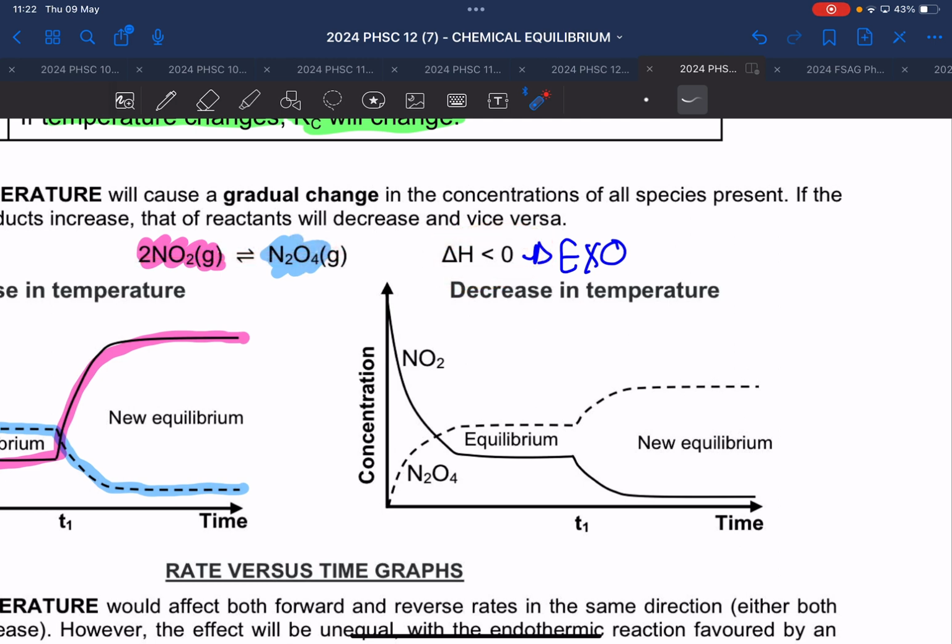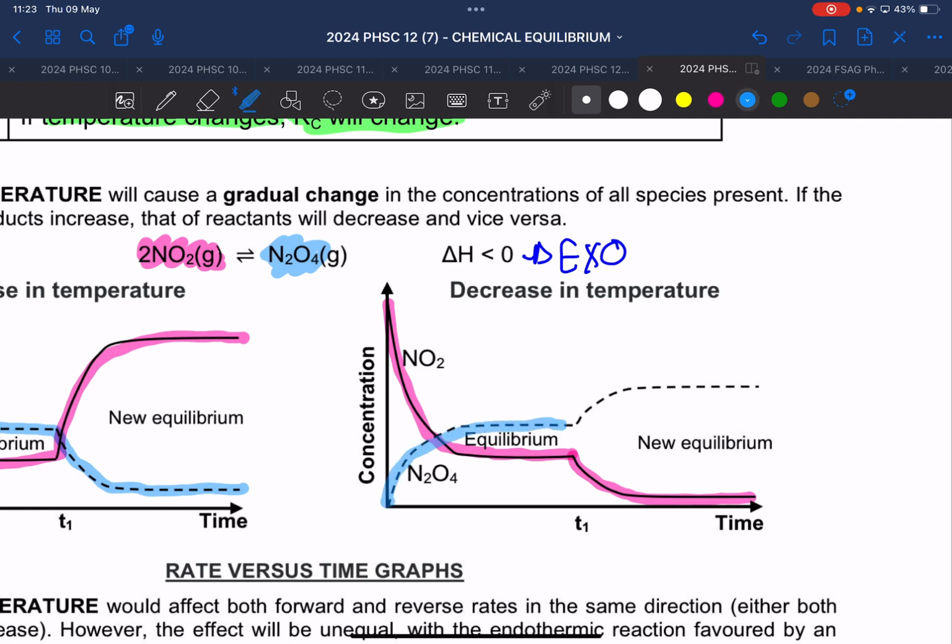So we have our reaction that happened here. We reached an equilibrium. Then we decreased the temperature. So now our reactants' concentration decreases further because our forward reaction is favored. We take our reactants and turn them into more products. And if we look from the product's point of view, we had our initial reaction.